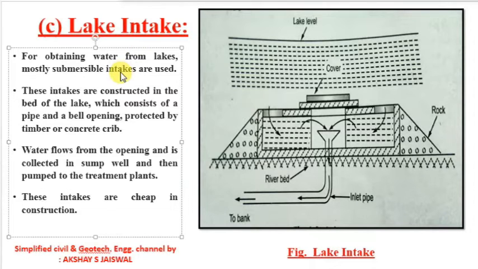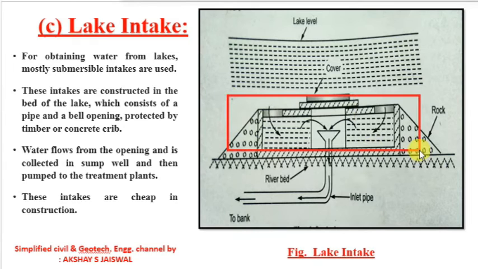Next type of intake structure is lake intake. For obtaining water from lakes, mostly submersible intakes are used. These intakes are constructed in the bed of the lake, which consists of a pipe. We can see pipe and a bell opening protected by timber or concrete crib.